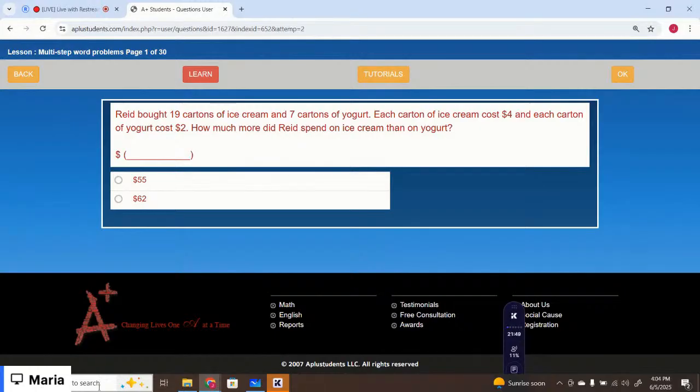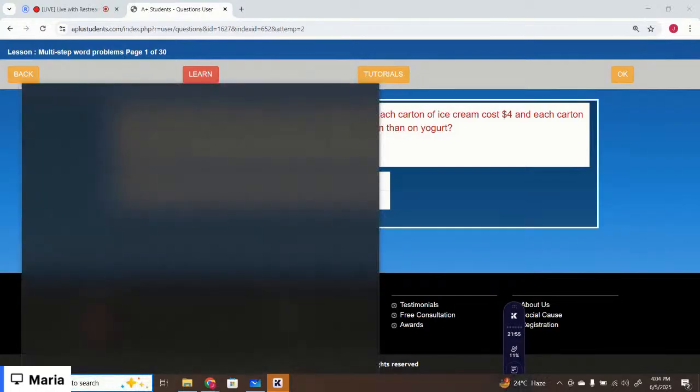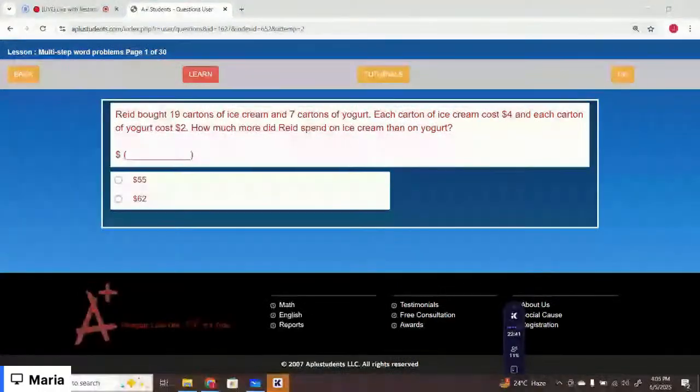How much more did Wright spend on ice cream than on yogurt?